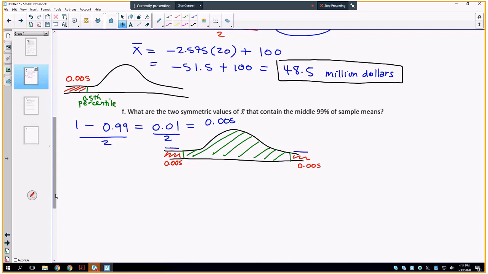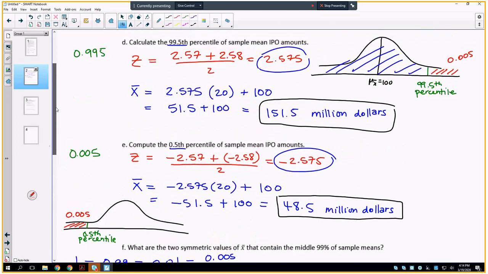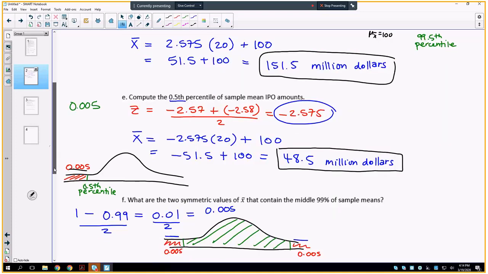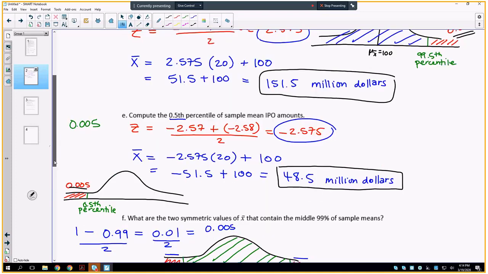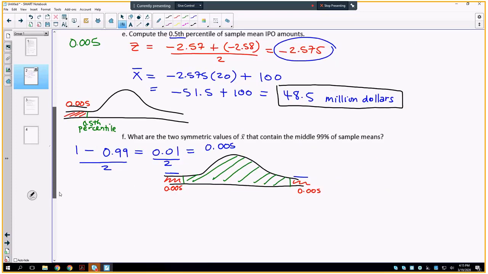Well, if we go back and refer to D and E, we already know how to find when 0.005 is on the right-hand side and when 0.005 is on the left-hand side. So I have the z-scores already that I need, and I know that they are 2.575 and minus 2.575 respectively.